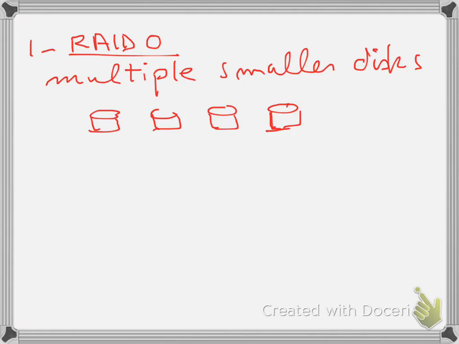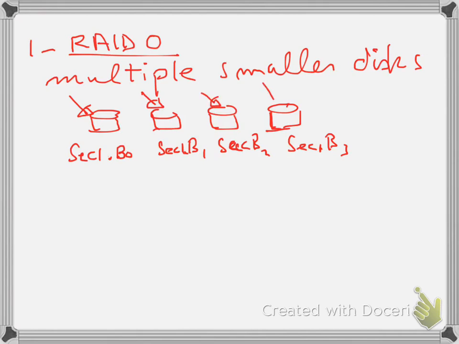I will spread the information over the 4 disks, meaning that if I have sector 1 as an example, I will write sector 1 byte 0 here. I will write sector 1 byte 1 here. I will write sector 1 byte 2 here. I will write sector 1 byte 3 here as an example. So I'm striping the bytes that I have. Instead of putting sector 1 all here, sector 2 all here, sector 3 all here, sector 4 all here, I'll just do the striping like that.